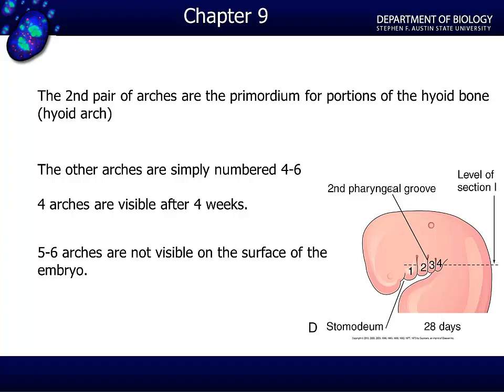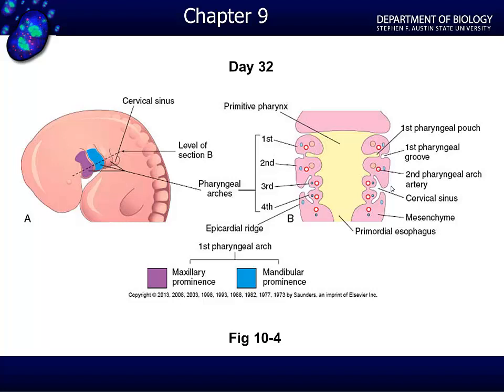Now, just an overview of stepping through development. And again, we're going to go back and look at arches, pouches, grooves, and membranes and what adult derivatives they form down the road. But as we go from our 28-day picture that we see here, now we can go to day 32. We can see that we're forming the arches. The head is growing and extending. And as we look inside at that cut view, we can see that arch 2 is growing much larger and faster than arches 3 and 4.